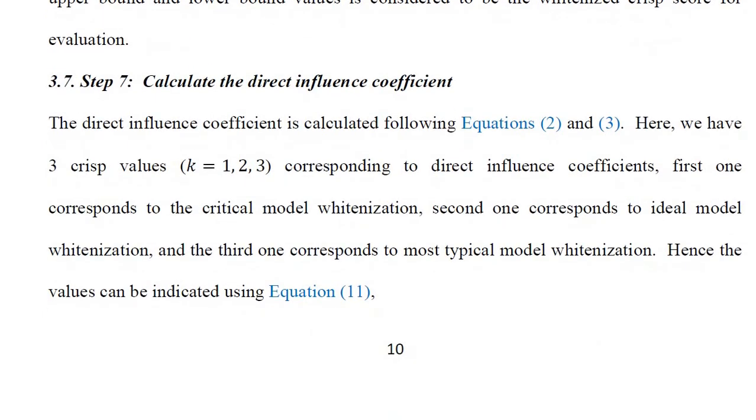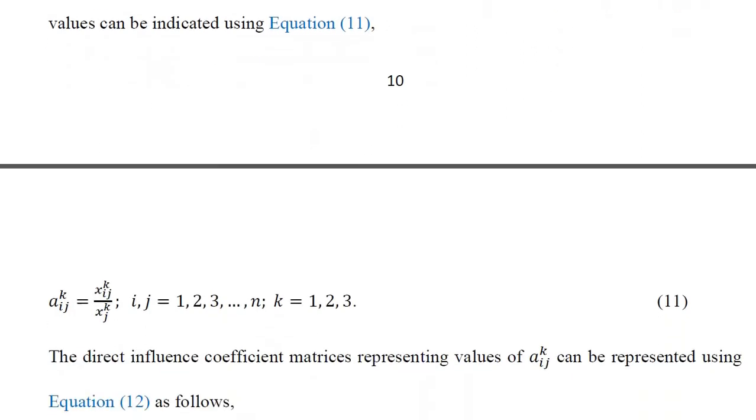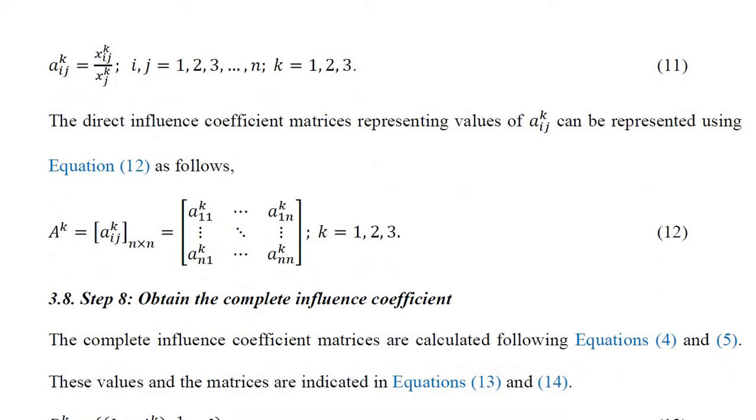Okay, so calculate the direct influence coefficient. Now you can calculate the direct influence coefficient for all 3 matrices. We have 3 crisp scores: one corresponding to the ideal model, one to the critical model, and the third to the most typical model. So we will not be losing data, since we are using 3 different matrices.